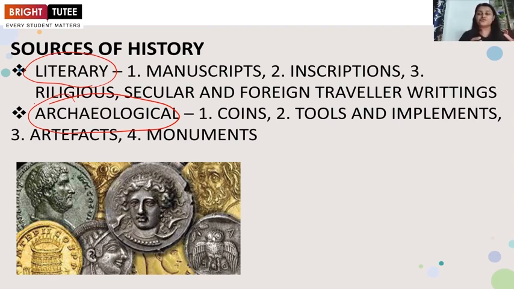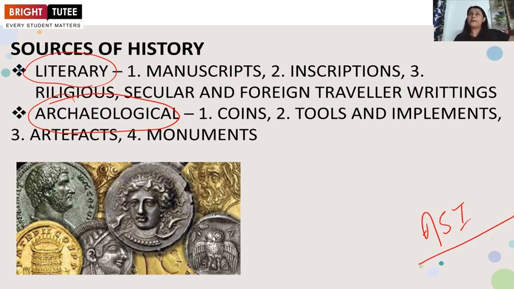Now, what are inscriptions? Inscriptions are written on walls or on any hard surface. If you visit any of the monumental sites, you will see a signboard of the Archaeological Survey of India, ASI. That we can also consider as an inscription.